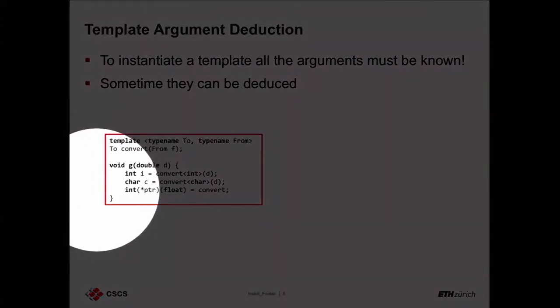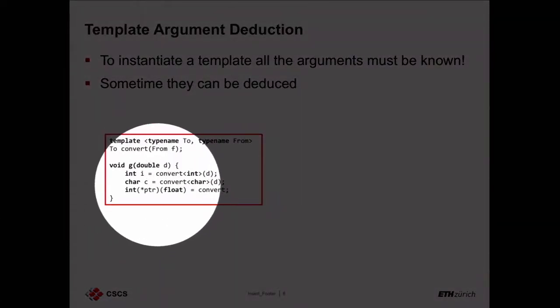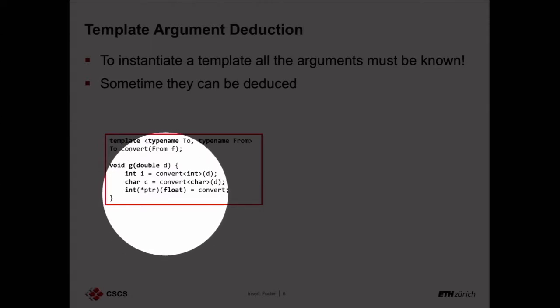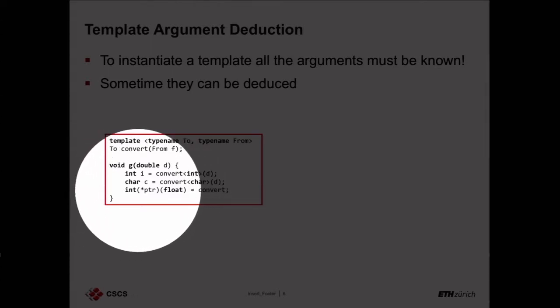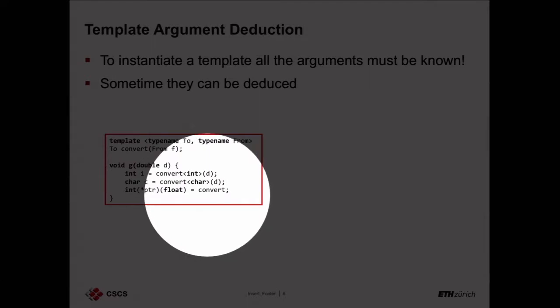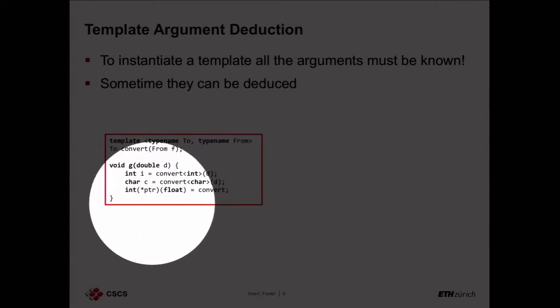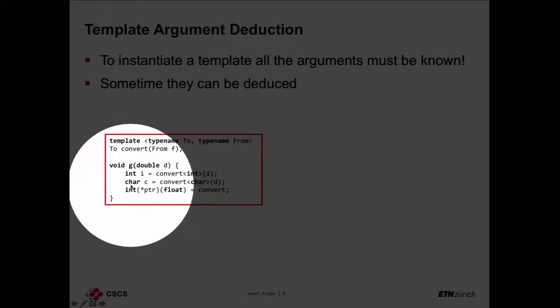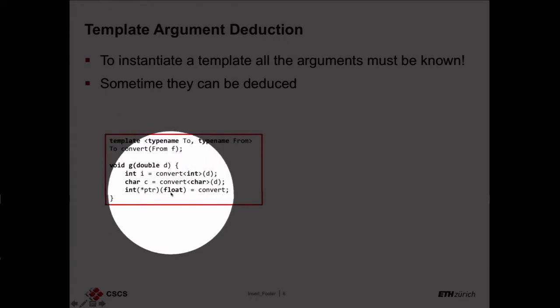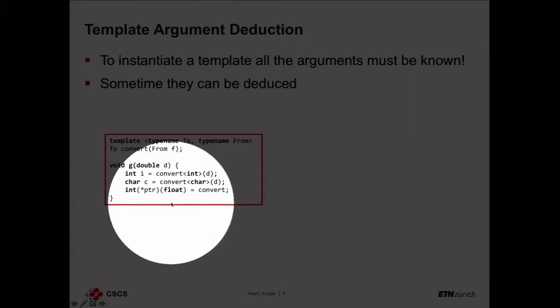And then I can also say, well, I want the function pointer to a function that takes a float and returns an integer, and assign it to convert. Now convert is a function, and then I can infer that to is int, and from is float. So this will actually work.